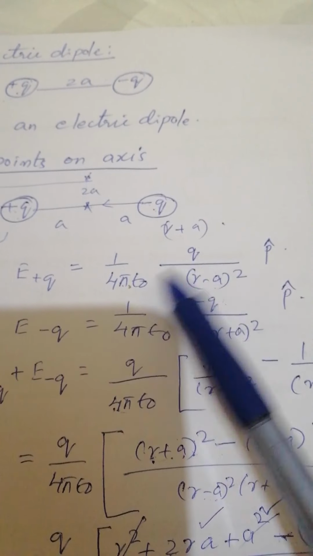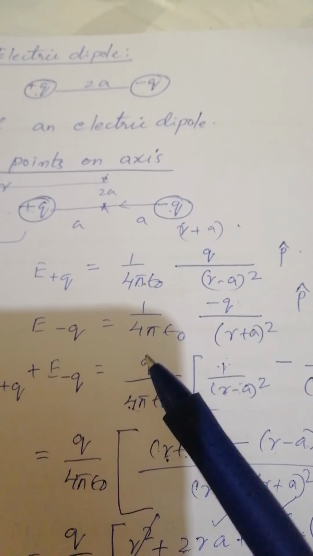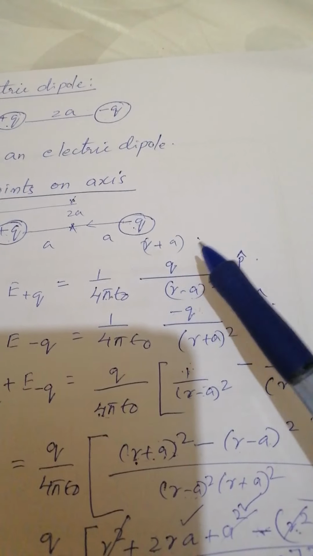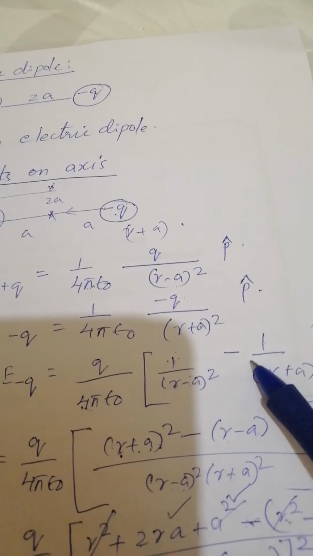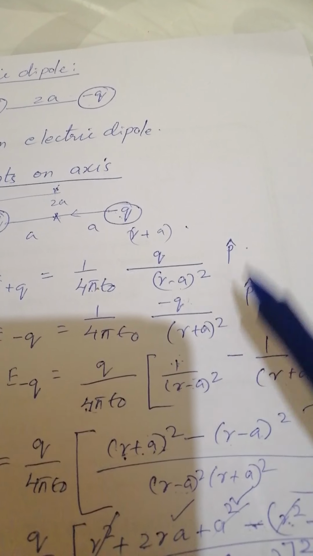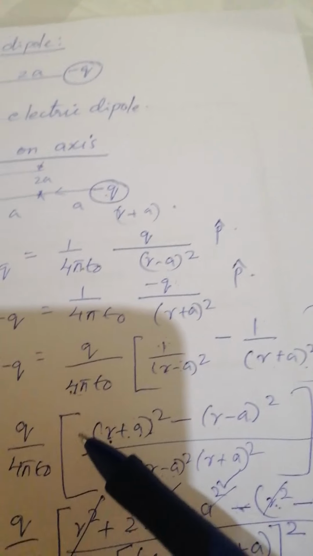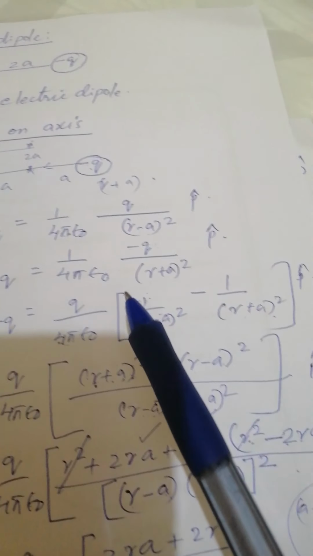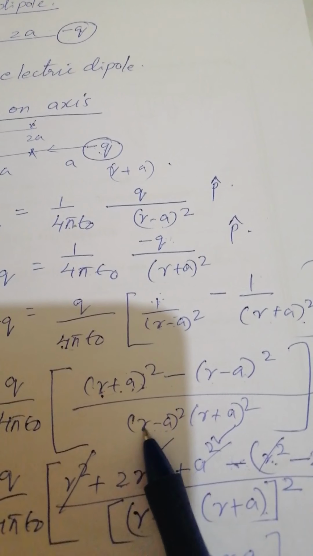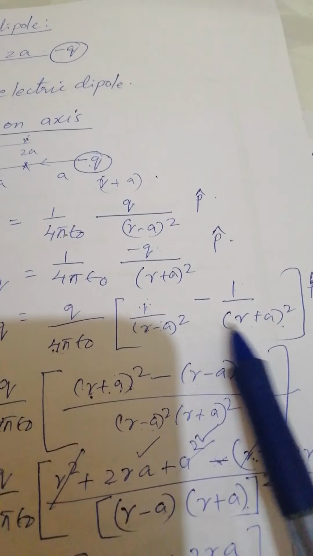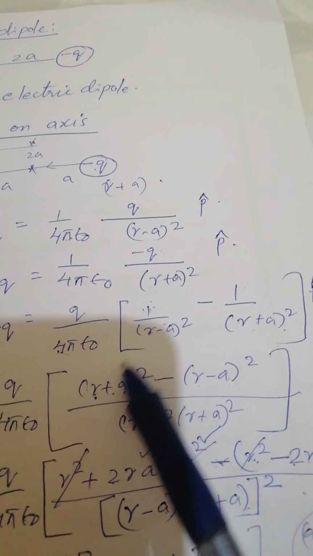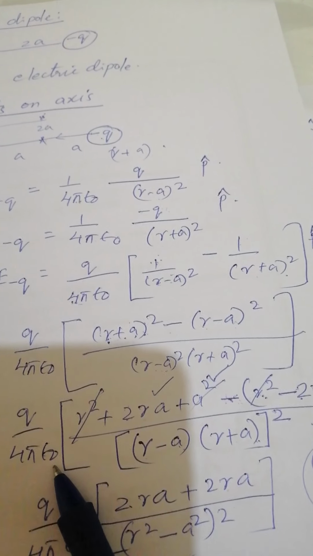Here q by 4 pi epsilon 0 is common in these two terms, so we take q divided by 4 pi epsilon 0 outside, with 1 by r minus a whole square in the first term and minus 1 by r plus a whole square in the second. Now we expand this term by taking the LCM, with cross multiplication: r plus a whole square minus r minus a whole square, over r minus a whole square into r plus a whole square.